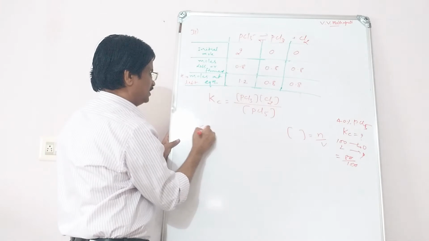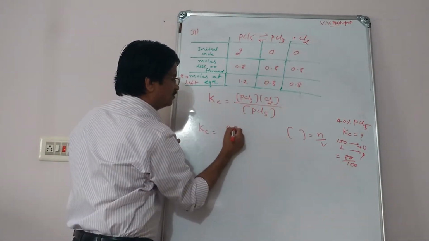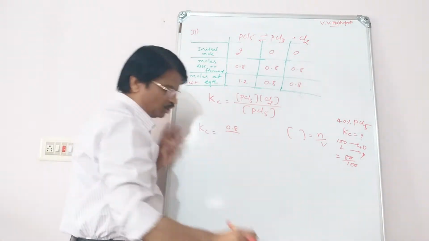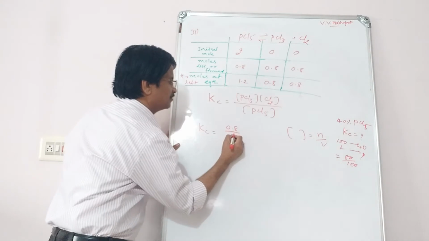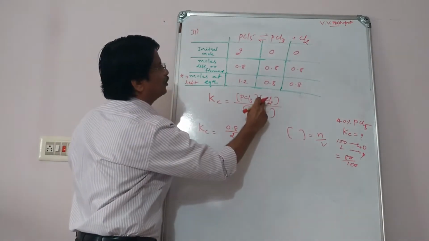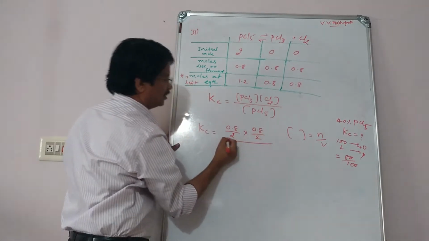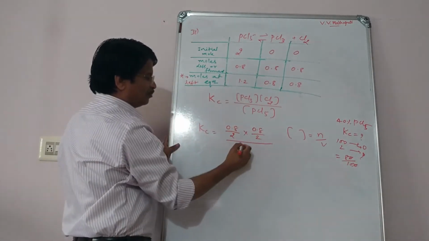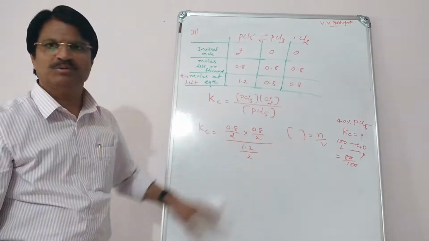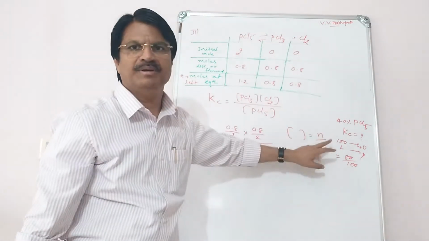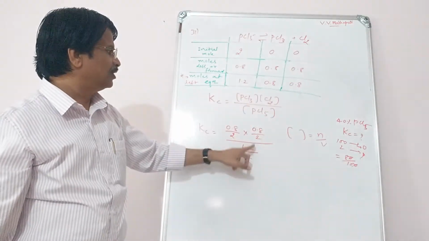Therefore, Kc equals PCl3, 0.8 by the volume of the vessel, 2 liters, into chlorine 0.8 by 2, divided by PCl5 1.2 by 2. Why do you have to divide by 2 here? Because the concentration formula is n by V, and here we calculated only the n value, so divide by volume 2.